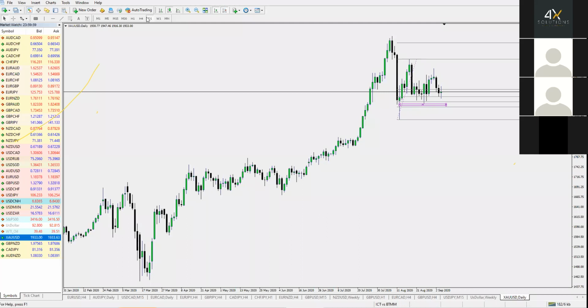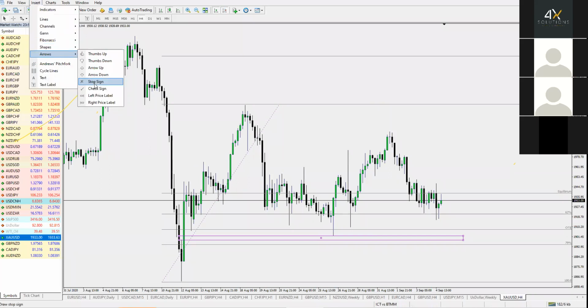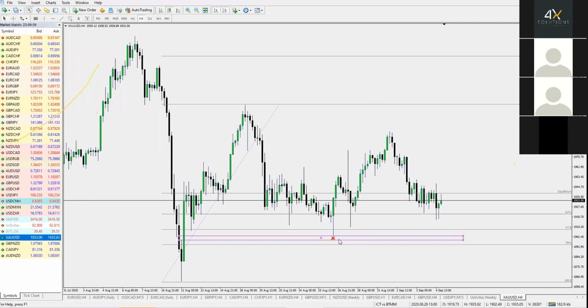And if price were to come down to that level, well, there's also that point of liquidity sitting over here at that zone of price.